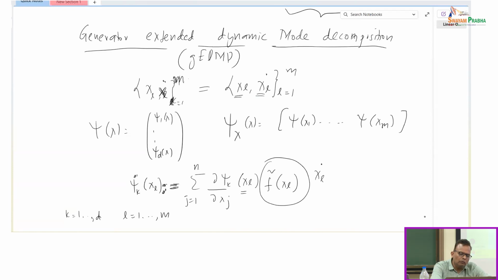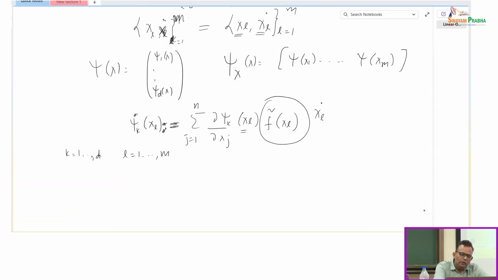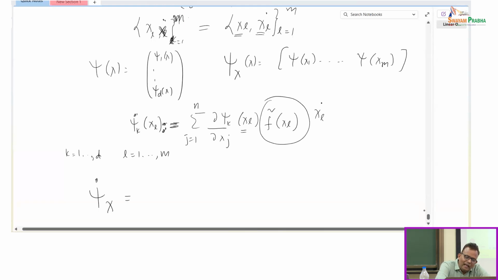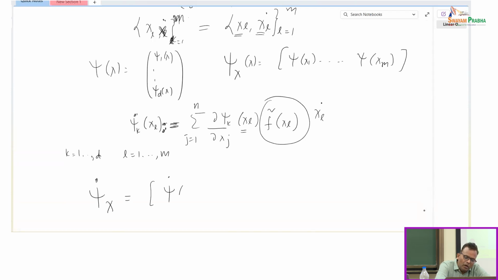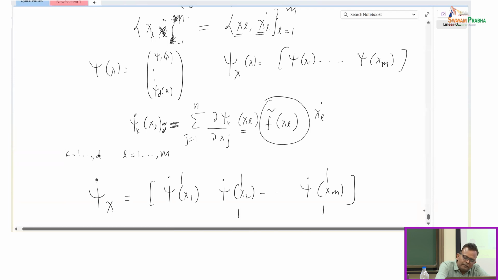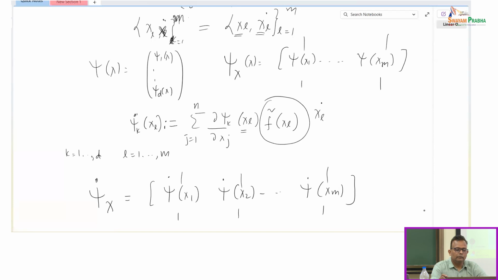So I construct this psi x at the m data points, and similarly now I define this psi dot of x as psi dot of x1, psi dot of x2, up to psi dot of x m. Each of these is again a vector, just like these are vectors, where the individual elements are obtained from this formula. That makes sense? Good.